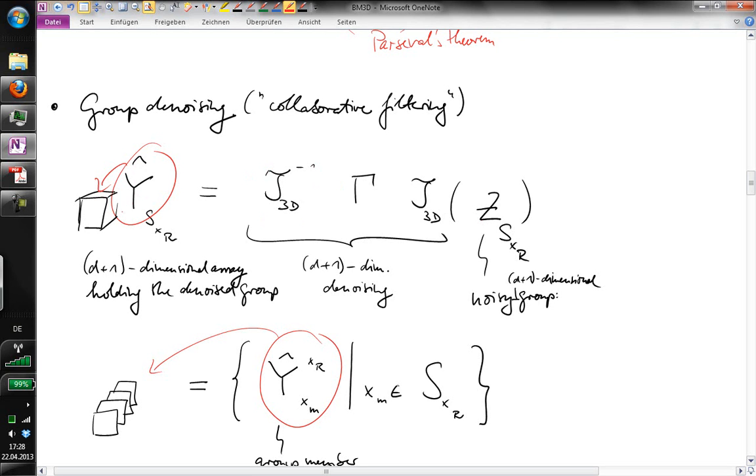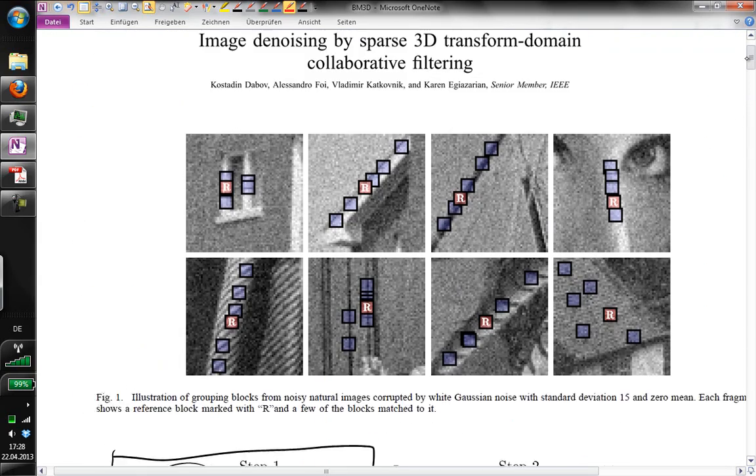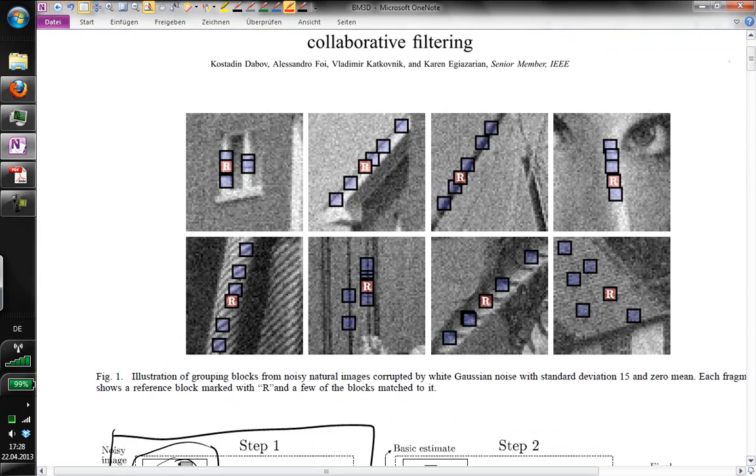However, one patch in the original image could have been a member of many different groups. So let's say this patch here, which I'm painting in red, it is a member of the reference group that you see here, but it could also have been a member of the reference group centered somewhere else on the nose.